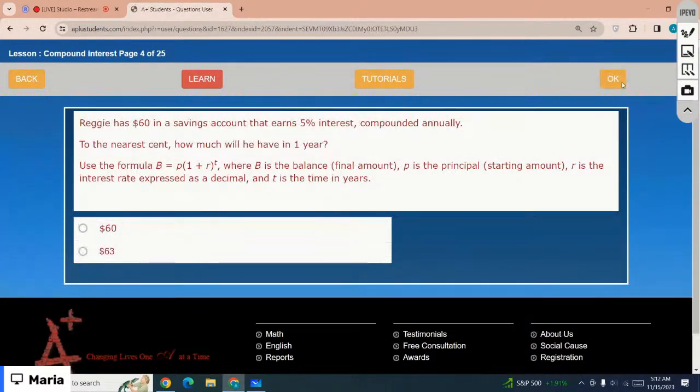Okay, Rigi has $60 in his saving account that earns 5% interest compounded annually. To the nearest cent, how much will he have in 1 year? That is the one we did in the tutorial, right?